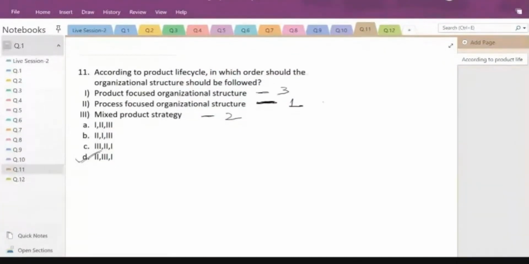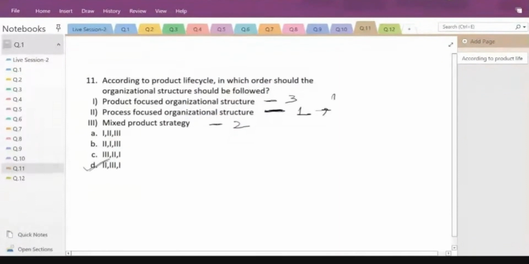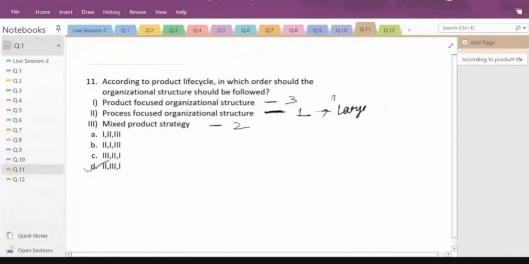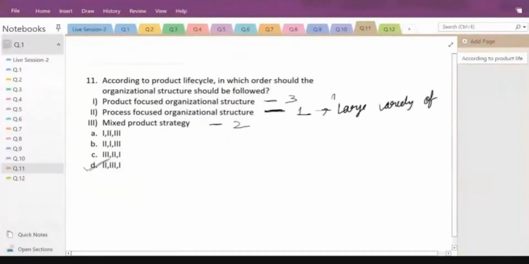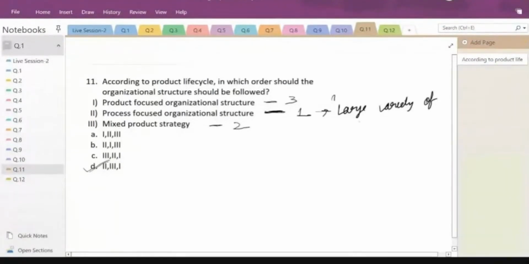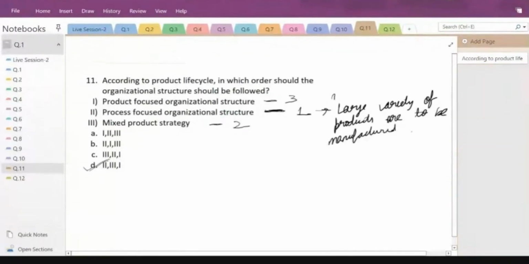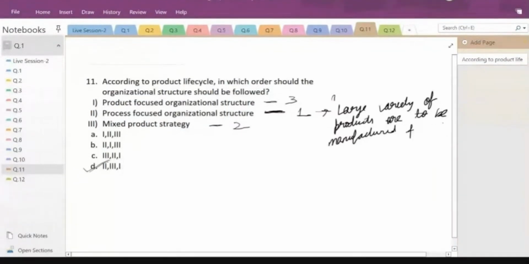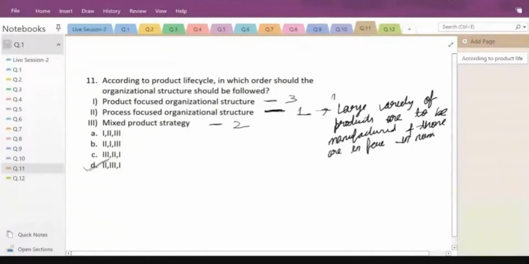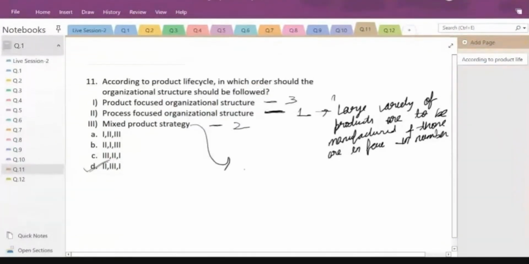For the process, a large variety of products are to be manufactured, and those are few in number initially. For the mixed product strategy, things are produced now in batches.